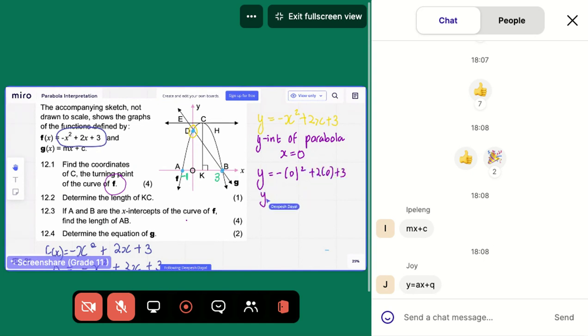So y equals 3. At this point D, we have 3. So 0 and 3 is point D.